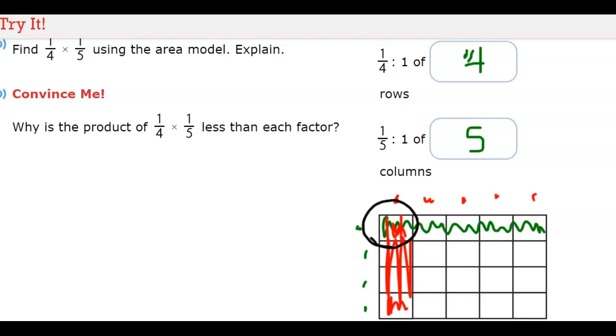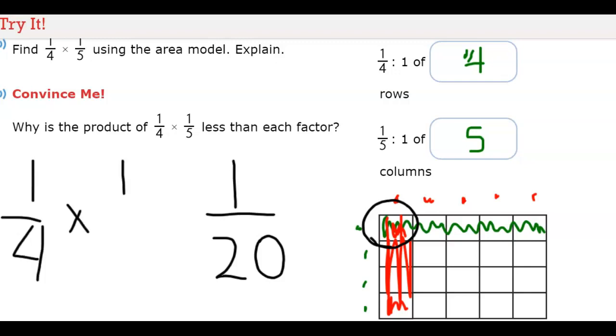You can either count all the squares individually or you can do 4 times 5. That gives you 20. So the product of 1/4 times 1/5 is 1/20. Okay, and traditionally, multiplying these fractions, you would multiply straight across, which still gives you the same answer.